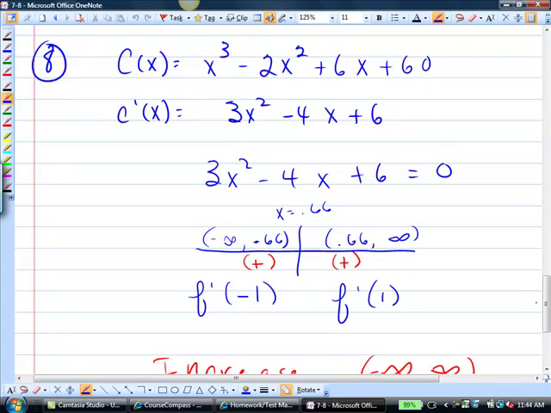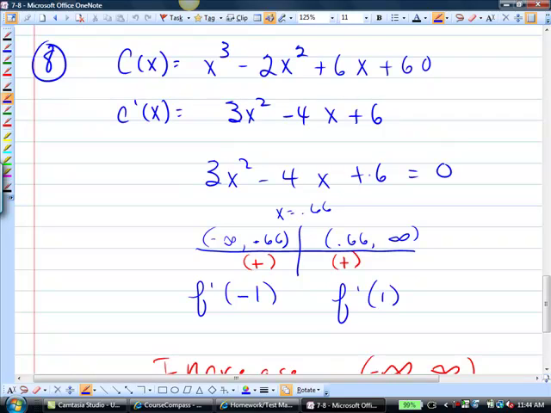Get 0.66. It doesn't factor, so you would, what is that? One of you guys that knows how to do the calculator real quick, put that in the calculator and do it in the y equals and find the x-intercept.